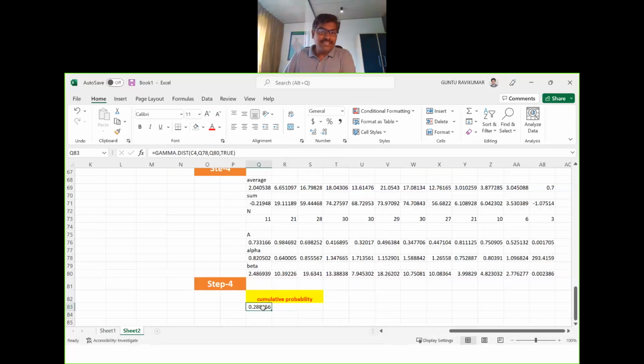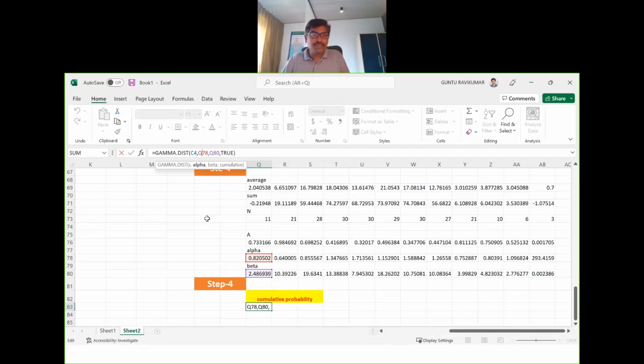So now the challenge is, in this particular equation, alpha and beta remain constant for that particular month and the observation should change. To make alpha and beta constant, I'm simply adding a dollar symbol.